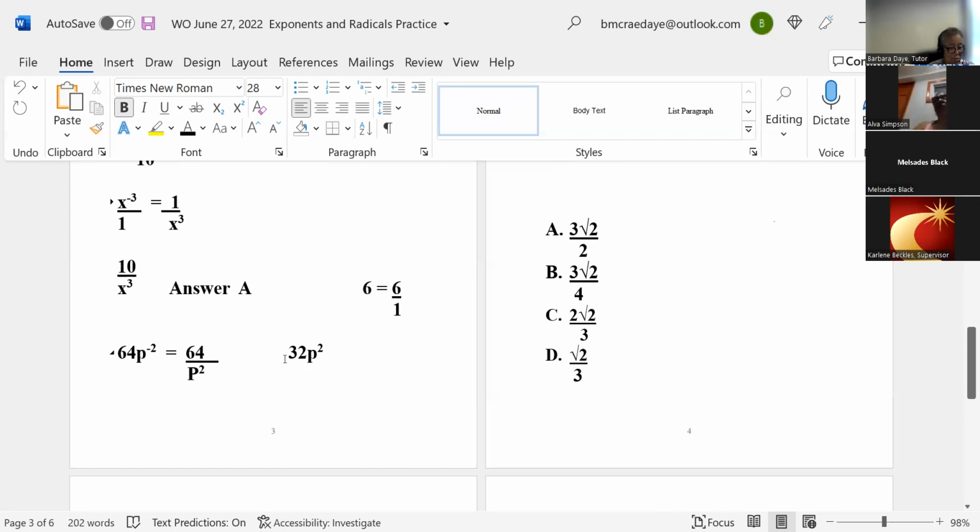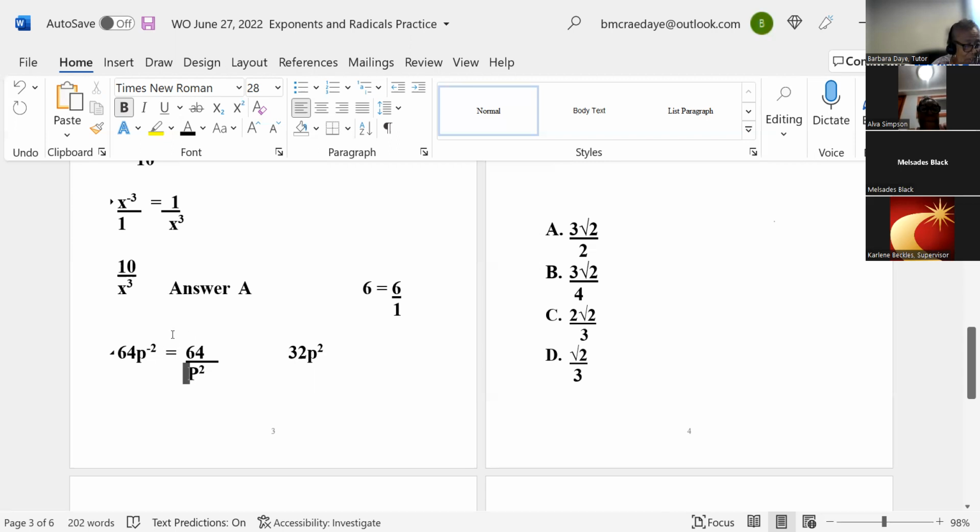Plus the 32, you don't do anything to the 64. 64 stays the way it is, because we didn't say half of 64. We just said 64, right? So the 64 stays just as it is, Mercedes.